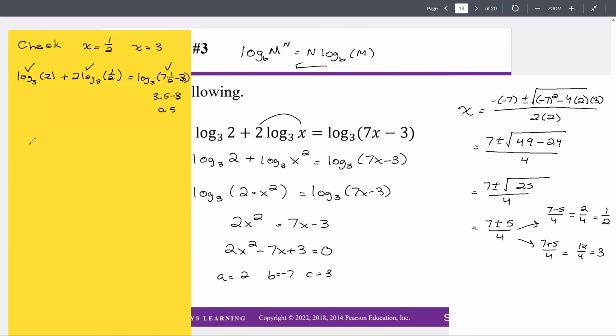So you can check like that, or you could also just go back and use the change of base formula if you wanted to.